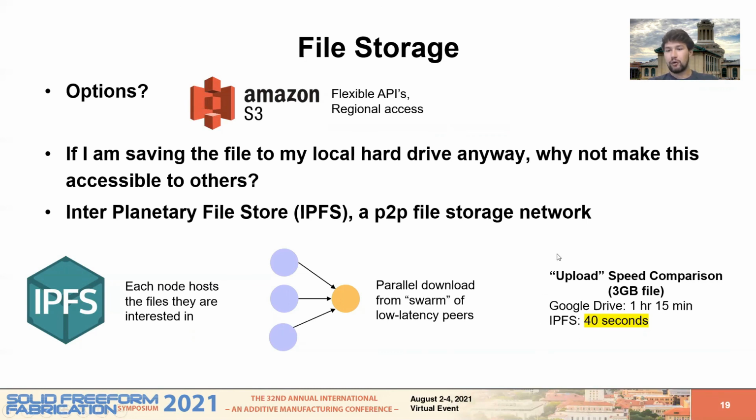And then you see a performance increase here, because when I put "upload" in quotes, with IPFS, everything is still just stored locally. So you get really big performance increases, especially when it comes to upload speeds, because you're not delivering this to a monolithic data center somewhere else.